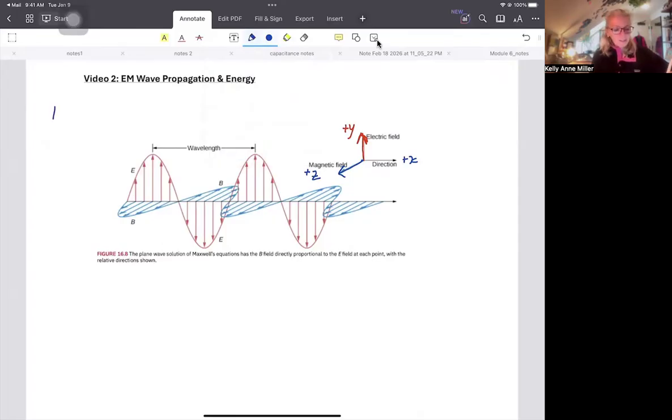Some other things to note are the peaks and the troughs of these waves. Here's a peak, here's a trough.